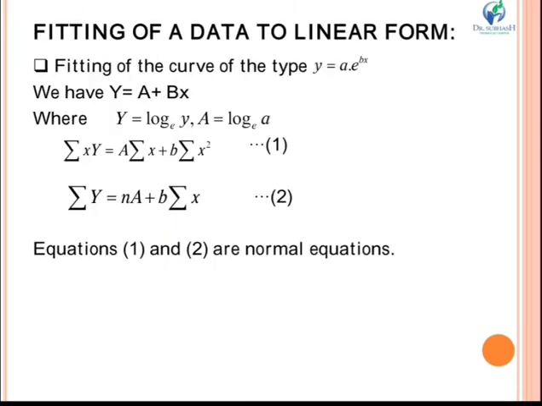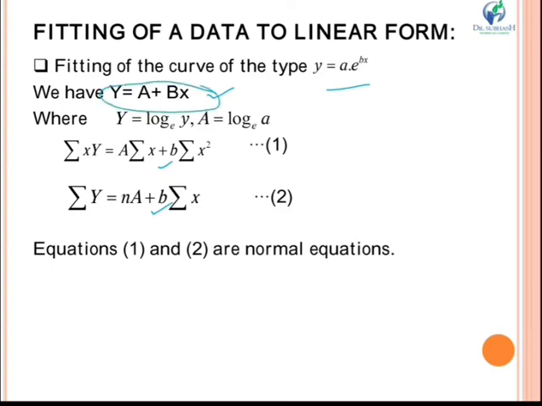Now let us discuss the other curve, that is y equals a times e raised to bx. Here the curve becomes Y equals A plus bx. Here only Y and A will be capital, and small x and b will be small.